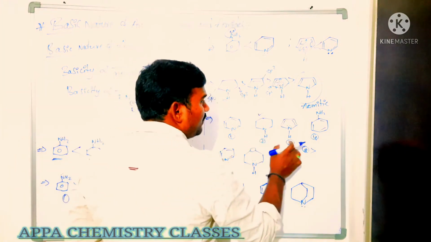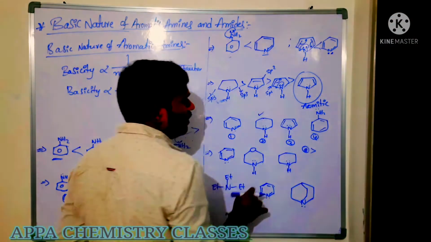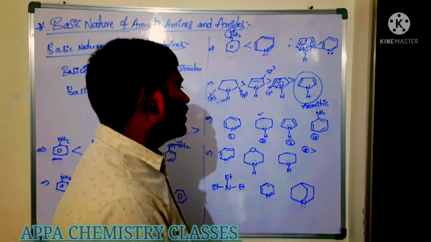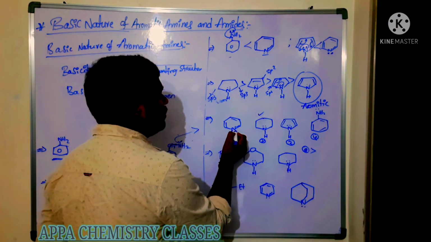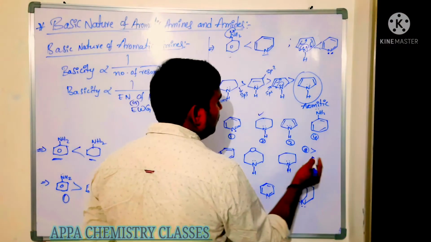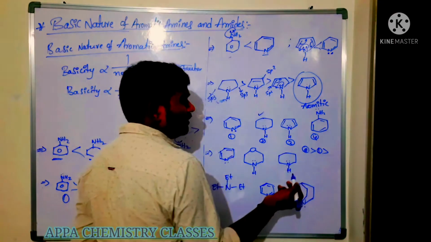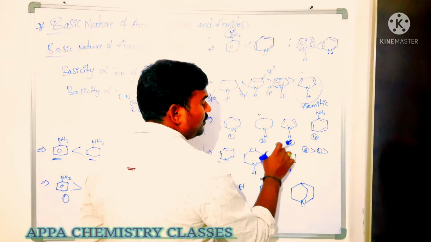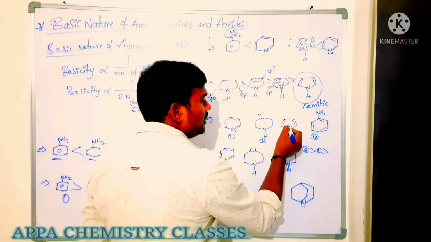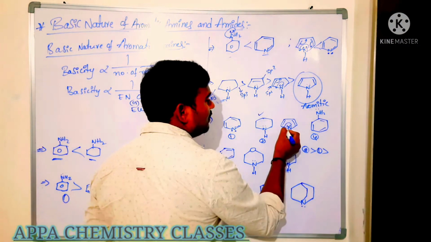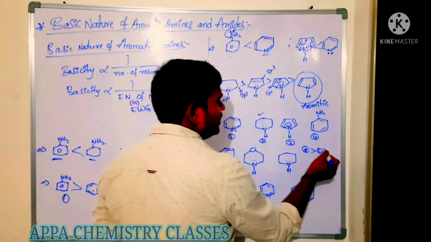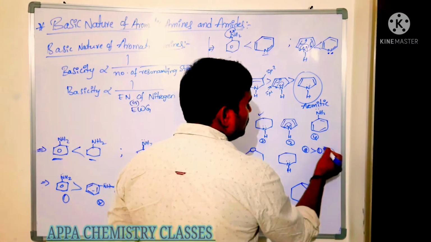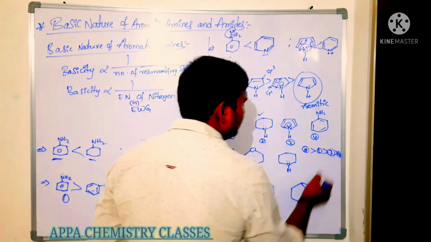So the second one is more basic. After that among 1, 3, 4, which can easily donate the pair of electrons? This one, because this lone pair of electrons is outside the ring. 1. After that, which one? Among 3 and 4, which can easily donate the pair of electrons? Here the lone pair of electrons is present inside the ring, so it is easily delocalized. So 3. After that, 4.